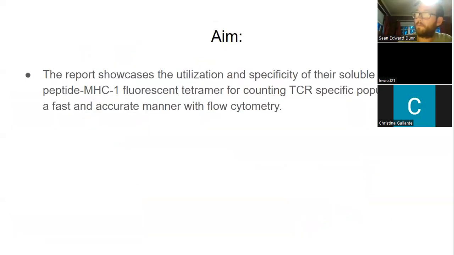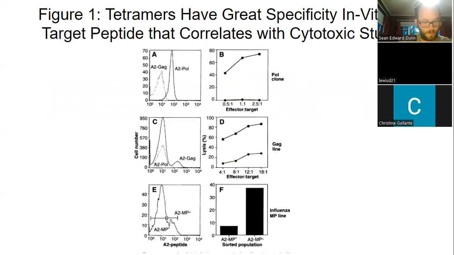The aim of this report showcases the utilization and specificity of their soluble peptide MHC1 fluorescent tetramer for counting TCR-specific populations in a fast and accurate manner with flow cytometry. Okay, so first they prepared two different tetramers with either the HIV infection-derived GAG or polymerase peptides.